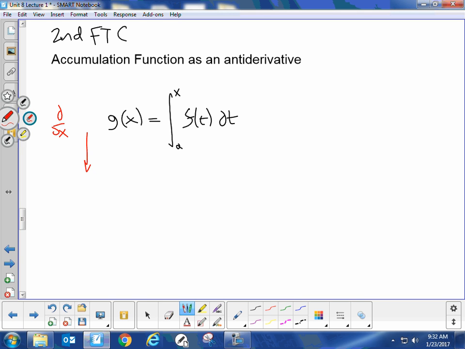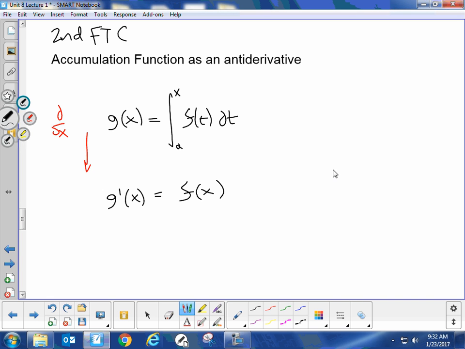What is the derivative of g? What can I write that as? Just g prime. And from previous examples, we know that the derivative of this is just f with the x plugged in. So it turns out the derivative of g is equal to f.